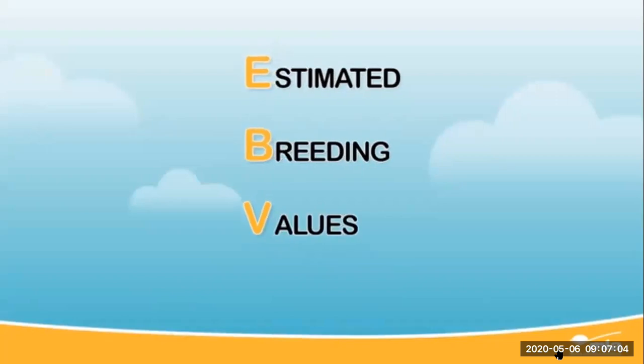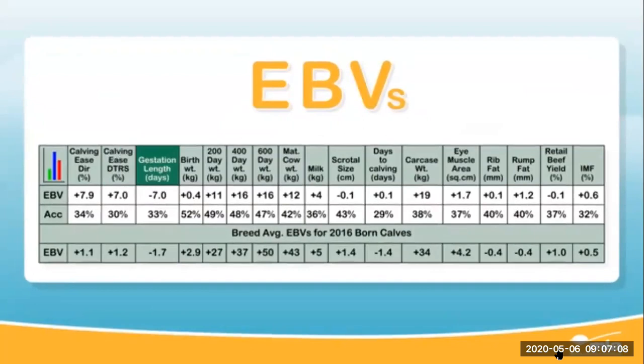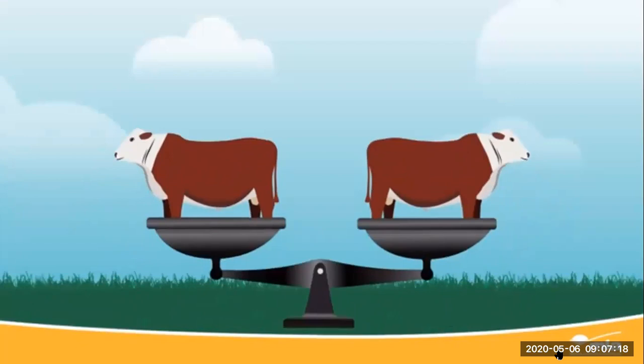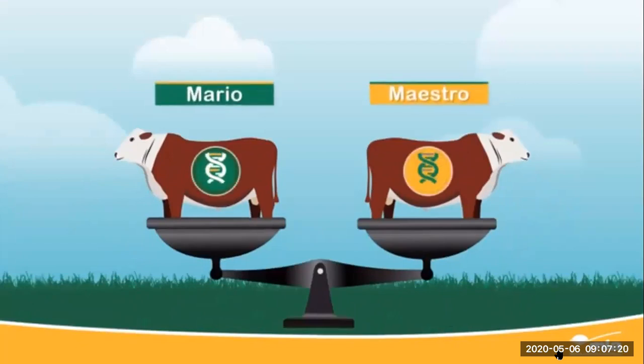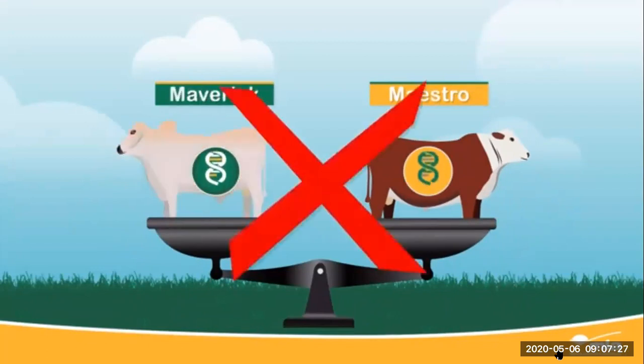We do this with estimated breeding values, or EBVs. They're the best prediction of an animal's genetic merit for a particular trait and an indication of how an animal's progeny will perform. EBVs allow you to compare the real difference between the genetics Mario and Maestro will pass on to their progeny. Currently, you can only compare EBVs within a breed.